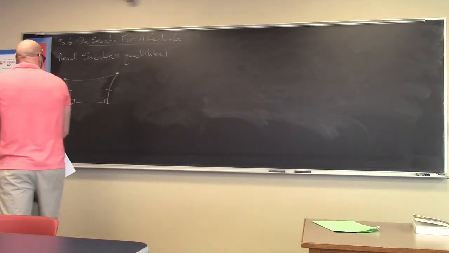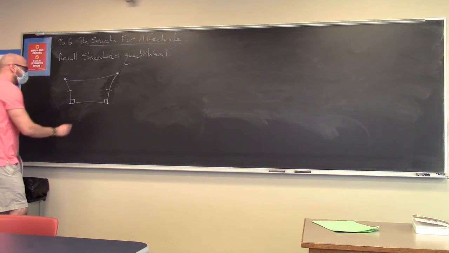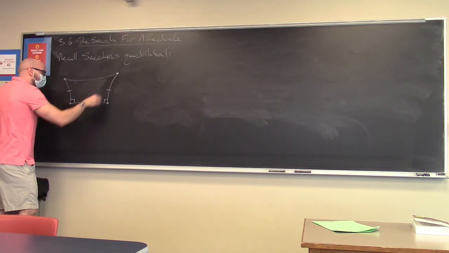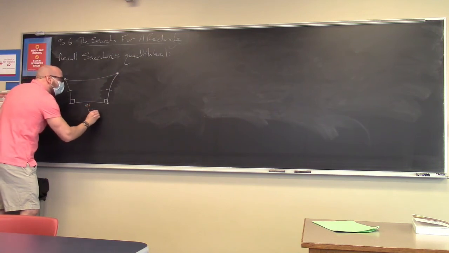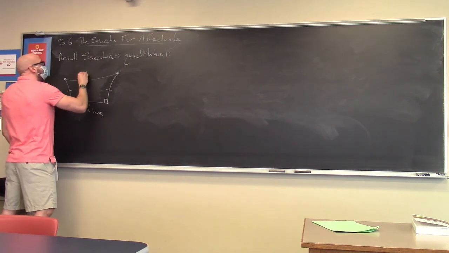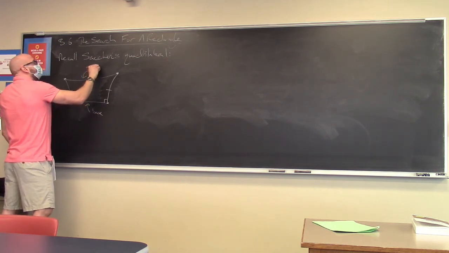And the terminology I want to introduce is just this. This side here that's perpendicular to both of these congruent sides, he calls the base. And the top along here, he calls the summit.